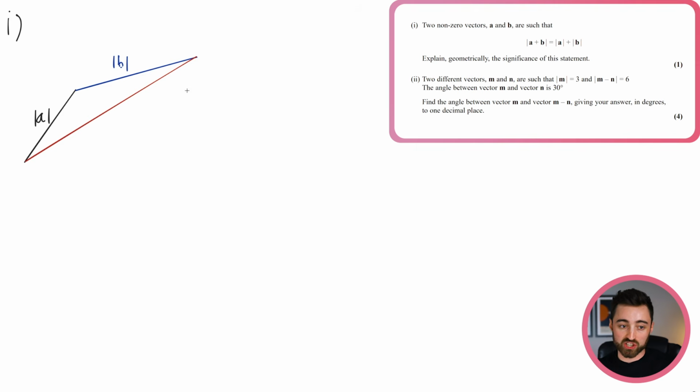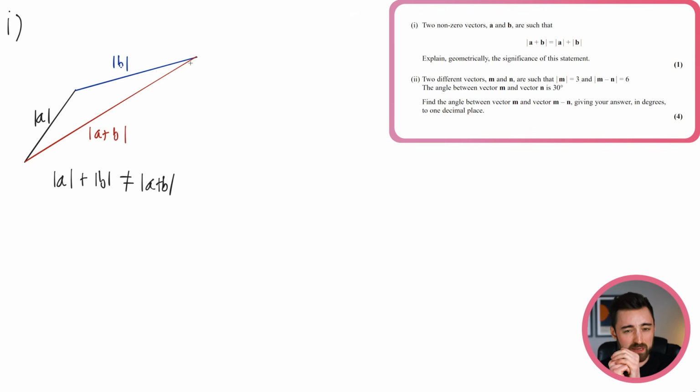So the modulus of the vector A plus B would be all of this. So in this case, it's not true, is it? Because if I take this length and add it to that length, that is not going to be the same as that length. So in this case, the modulus of A plus B is definitely not equal to the modulus of A plus the modulus of B. Because, you know, two sides of a triangle are not going to equal that other side.